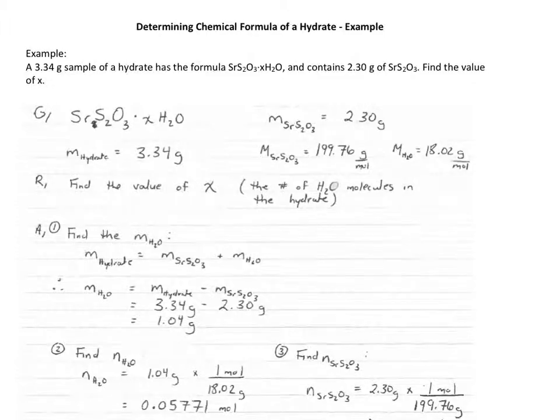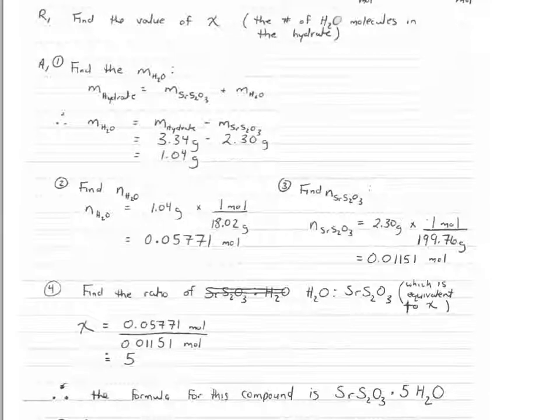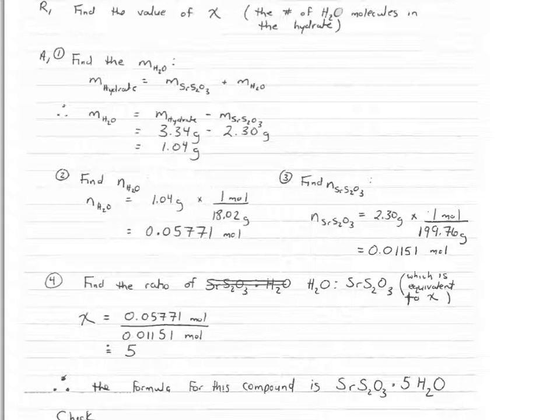We can figure out the number of moles of each, as seen in number 2 and number 3. Knowing the number of moles allows us to compare them, to see how much water there is with respect to the amount of SrS2O3, whereas we couldn't do that with the mass values.